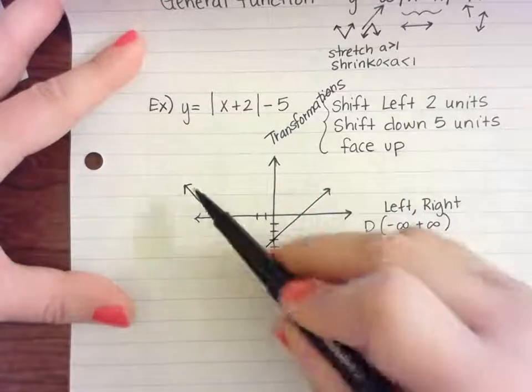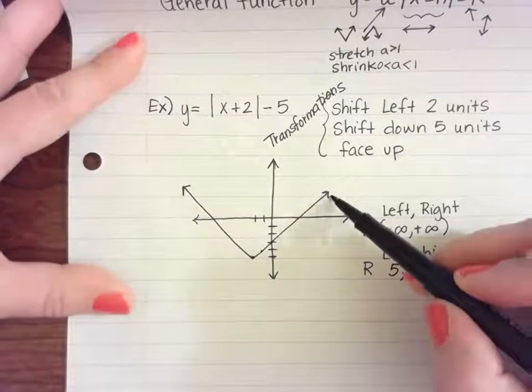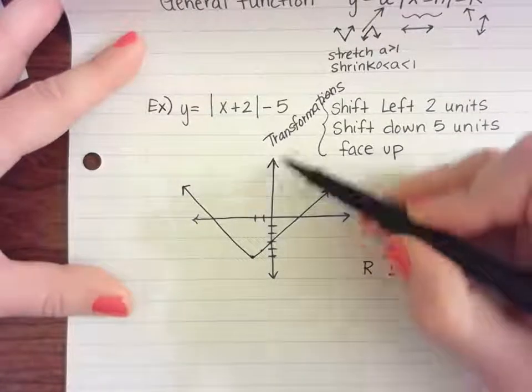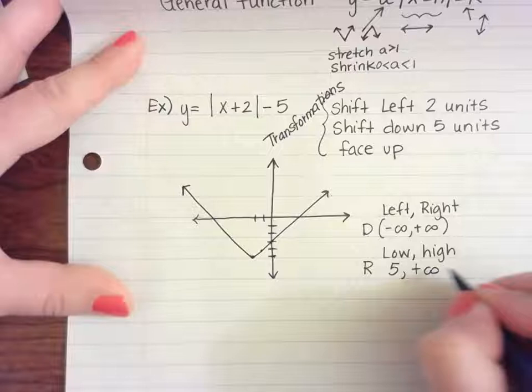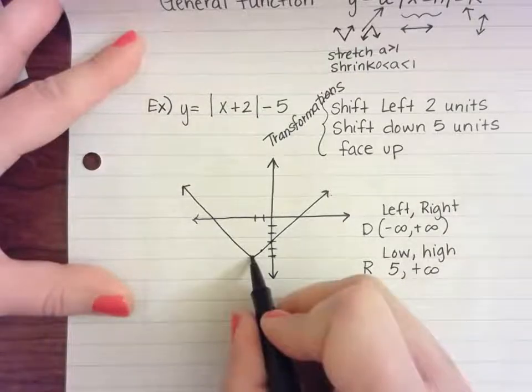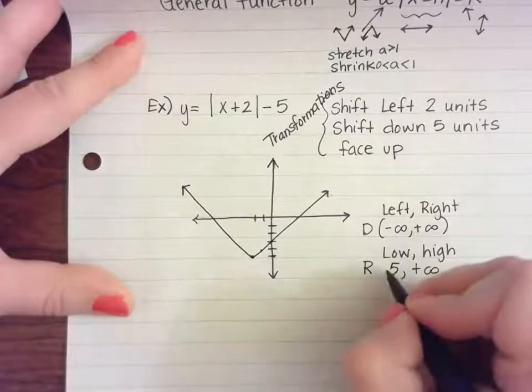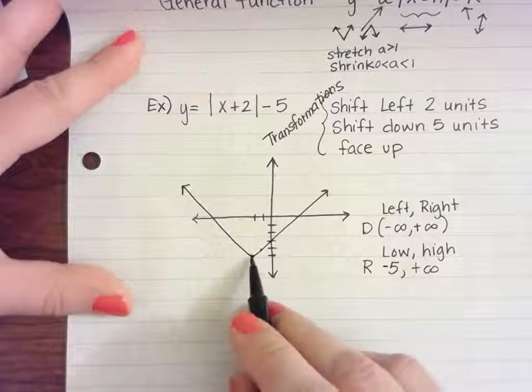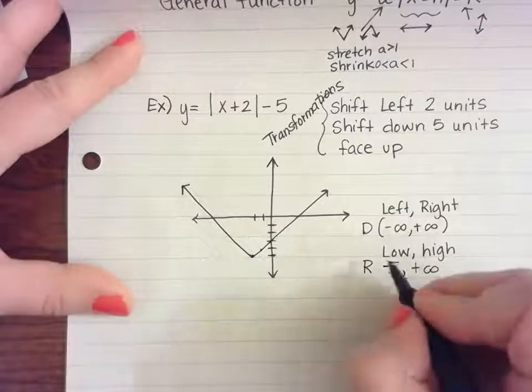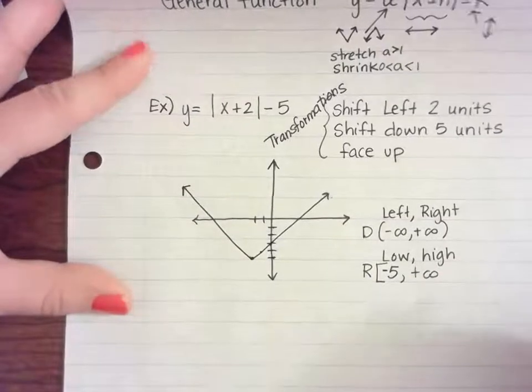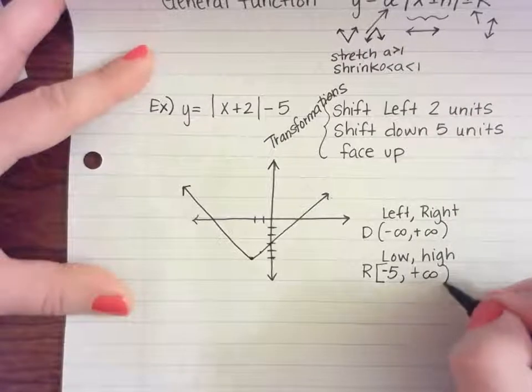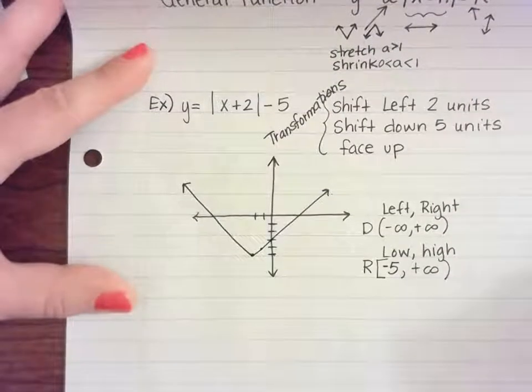Well, there's arrows on the ends of this, so this is going to go way up to positive infinity. Since we can put our pencil on the negative 5, we put a bracket around it, and infinity gets a parenthesis.